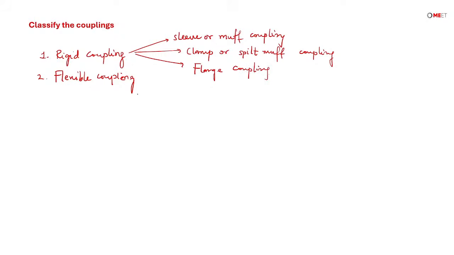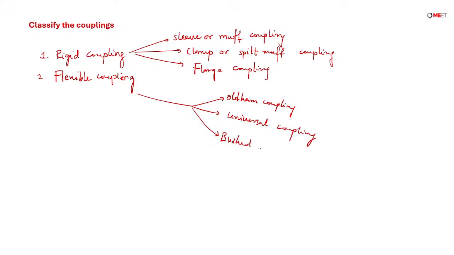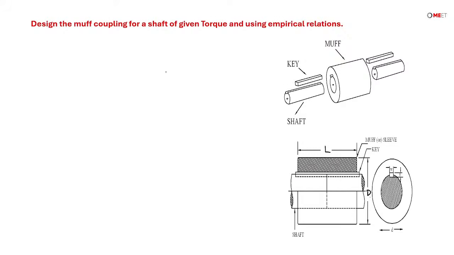Under flexible coupling, we have Oldham coupling, next is universal coupling, and next is bushed pin type coupling. Next question, design the muff coupling for a shaft of given torque using empirical relations.